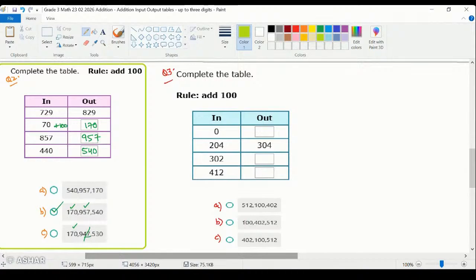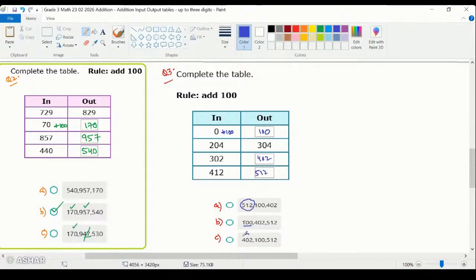Okay, let's see. Compare. 0 plus 100 would be 100. That means 100 is only in the first value, right? Perfect. This would be 402 and this would be 512. This is not 100.